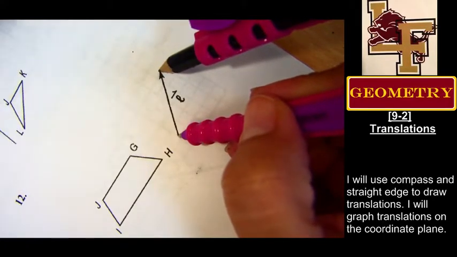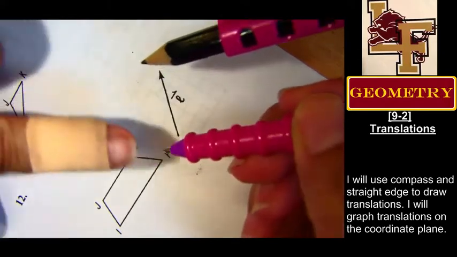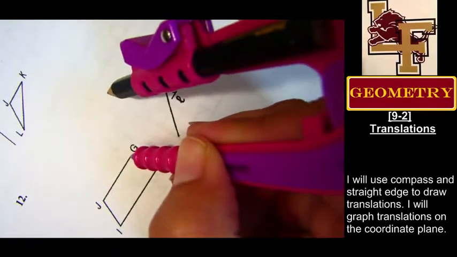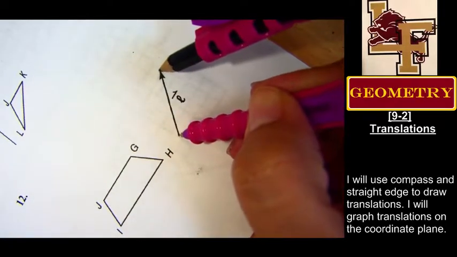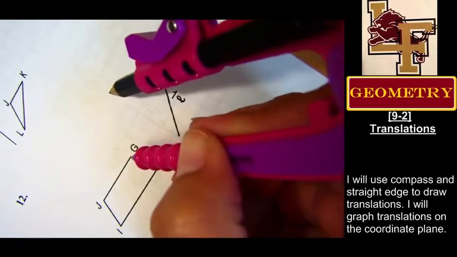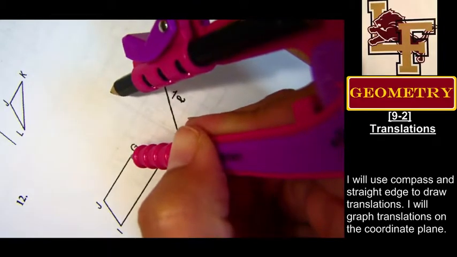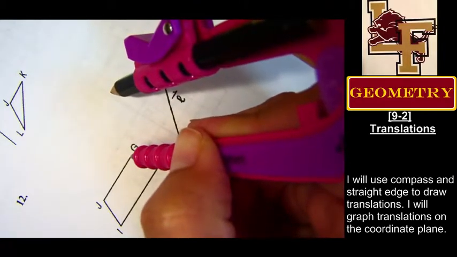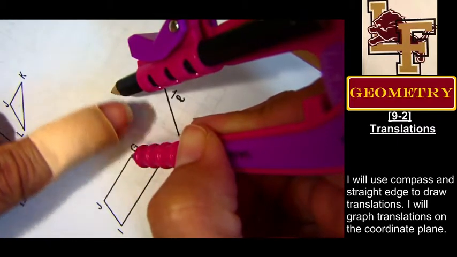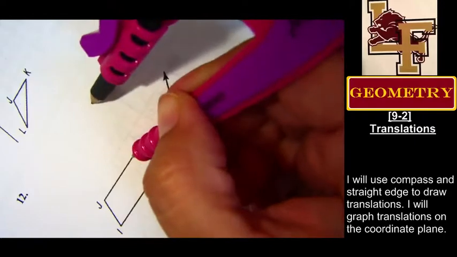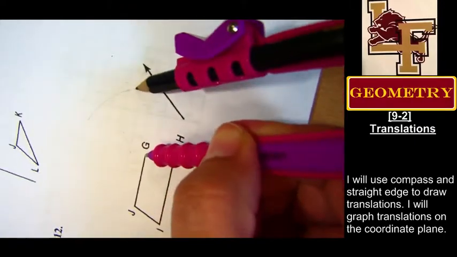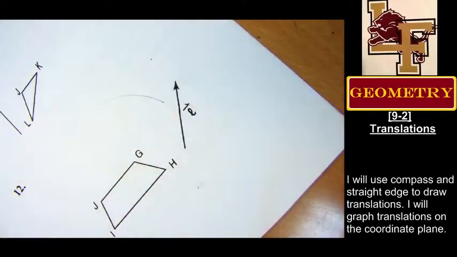I'm going to move G first. Take your compass and put the needle on... Using this magnitude, this length of the vector, move the compass so the needle is on the point we're translating. I'm going to translate G first. So this is the distance of my vector, however big my vector is. Now draw an arc somewhere in the direction the vector is pointing.